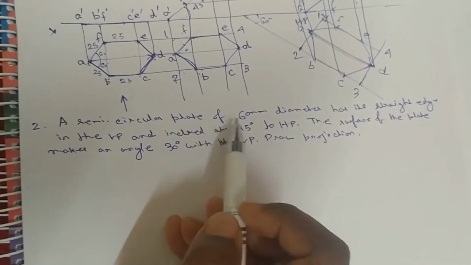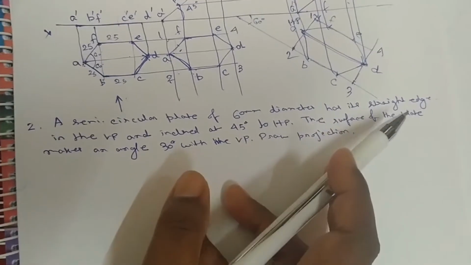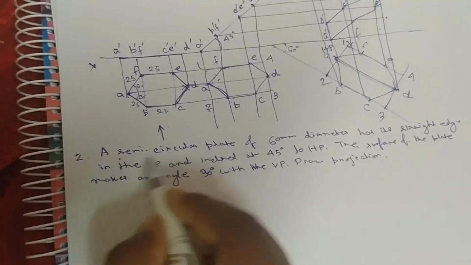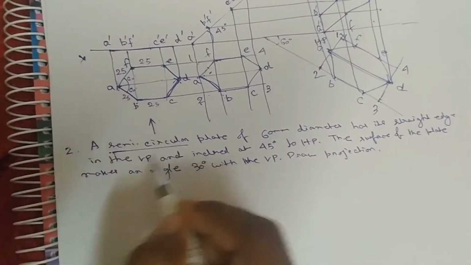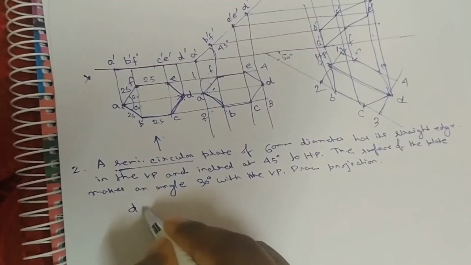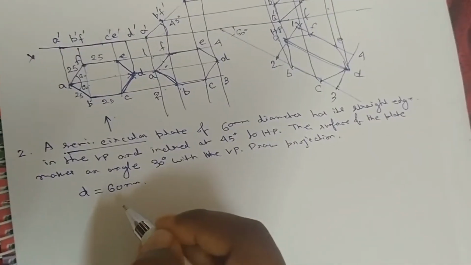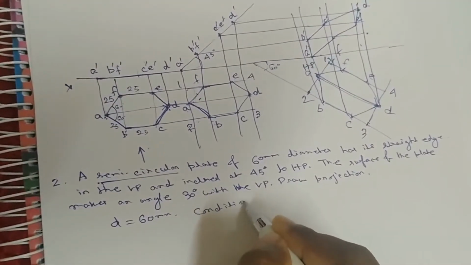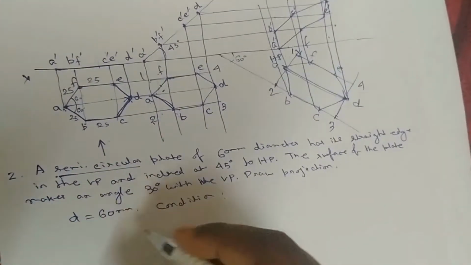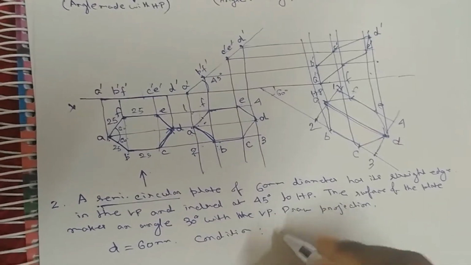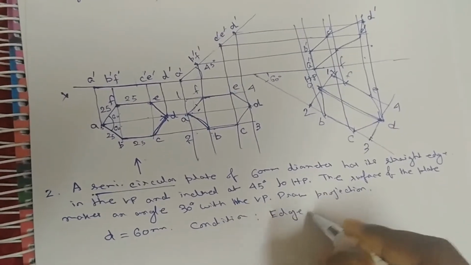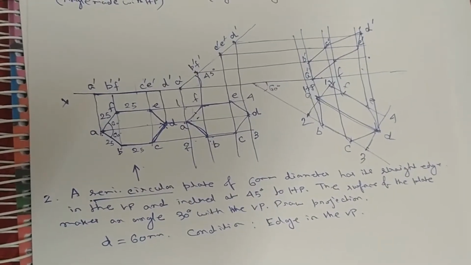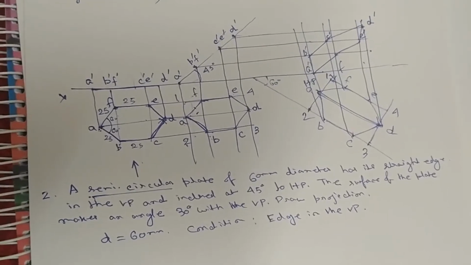A semicircular plate of 60 mm diameter has its straight edge in the VP. So it is saying the figure is a semicircular plate and the diameter is 60 mm. And the condition given here is that the straight edge is in the VP and inclined at 45 degrees to HP.